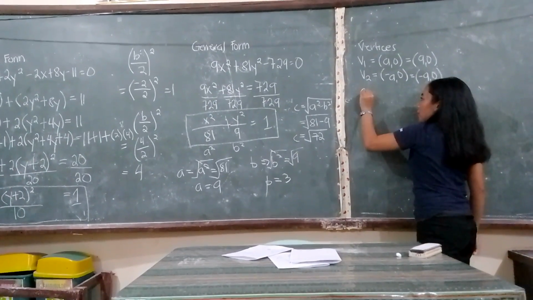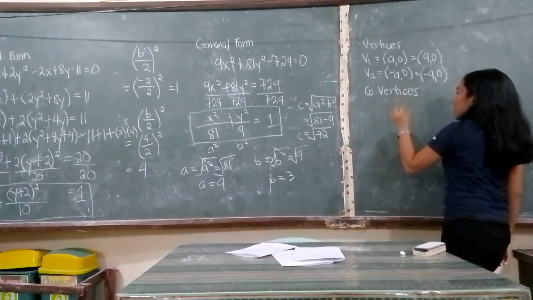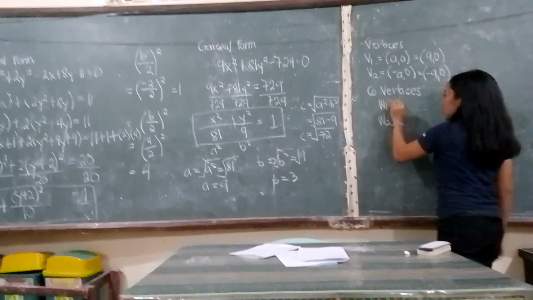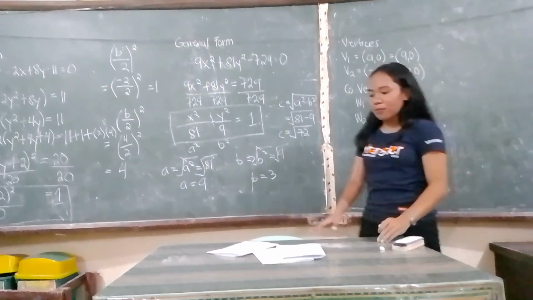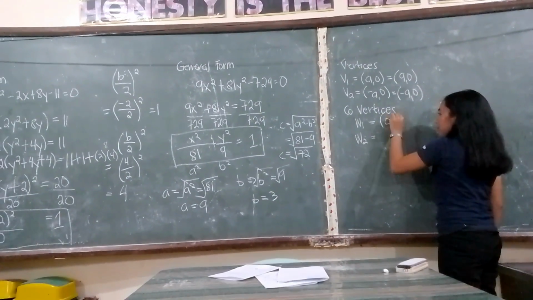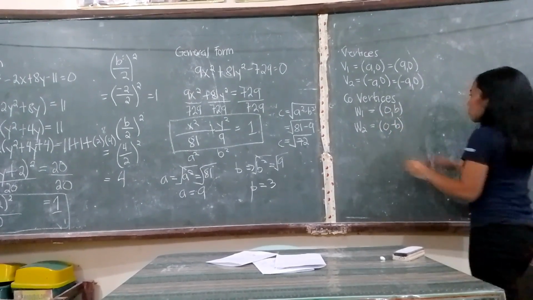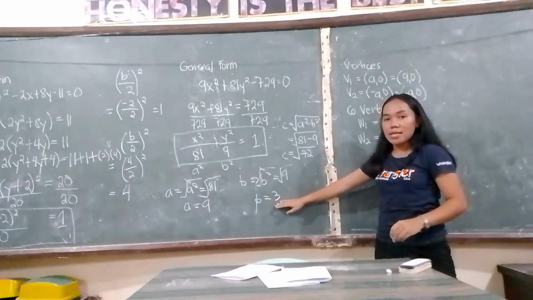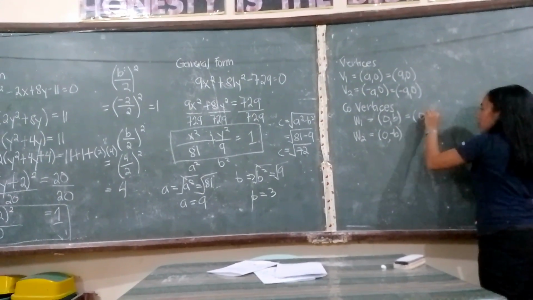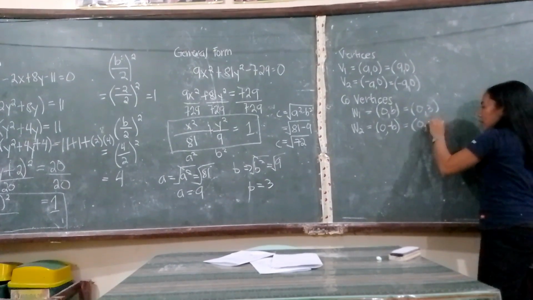For our co-vertices, we have the w sub 1 and the w sub 2. So for our co-vertices, we have 0 and b, and 0 and negative b. So the value of our b is equal to 3. So our coordinates must be 0 and 3, and 0 and negative 3.